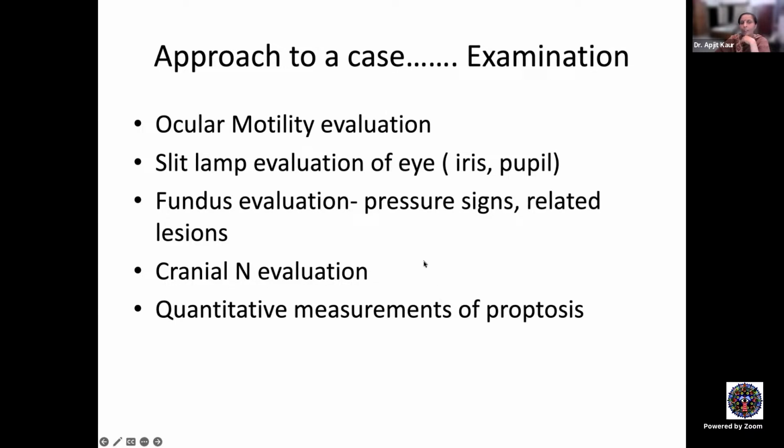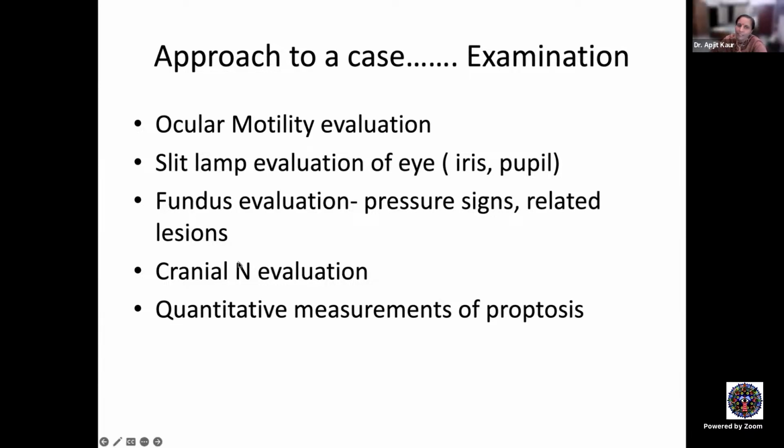Then you do your cranial nerve evaluation. First cranial nerve, you know, how do you test it? Through smell. Second cranial nerve, through the pupil and fundus examination. Third cranial nerve, how is the third tested? Ocular motility. The third, fourth, and sixth.